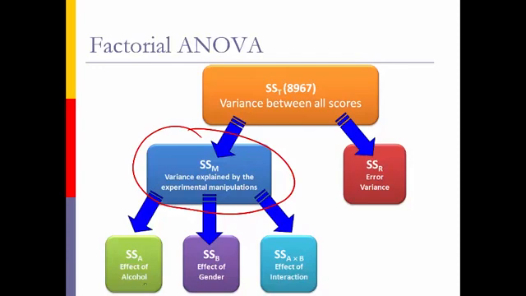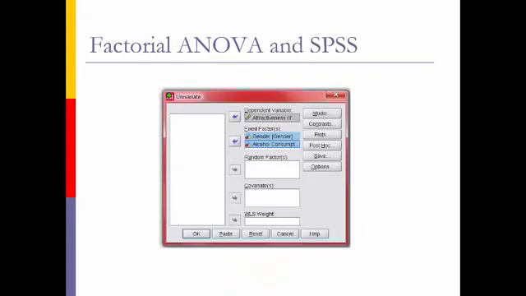We can look at just the effect of the alcohol, just the effect of the gender, and the effect of alcohol by gender. So maybe females at 4 pints are not the same as males at 4 pints, so that's why your level of interaction would be different.